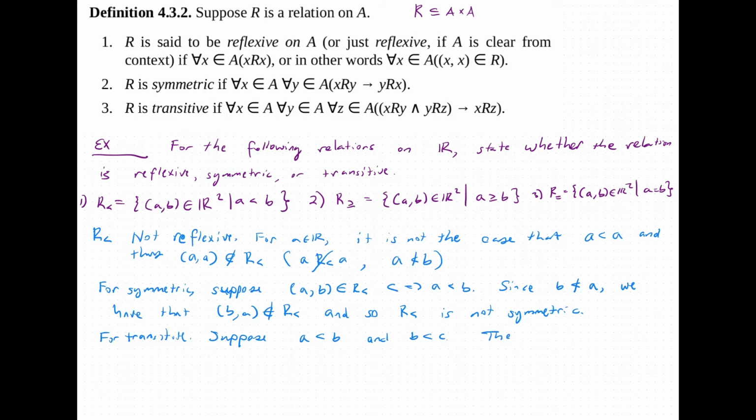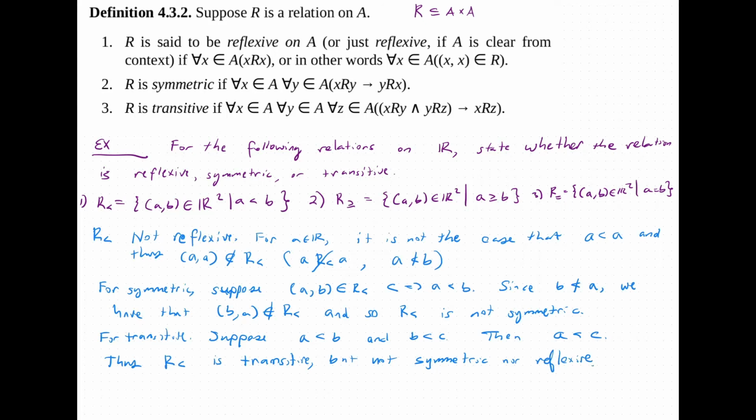Then of course we know from our properties of inequalities that a is less than c. And so in this case this is true, so it is transitive. So this is transitive, but not symmetric nor reflexive.